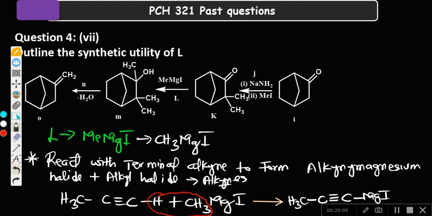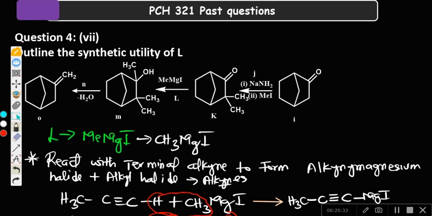Now this magnesium iodide group that is formed here, if you react it with CH3I, methyl iodide, it's going to form the product whereby these two things combine. So we are left with CH3.